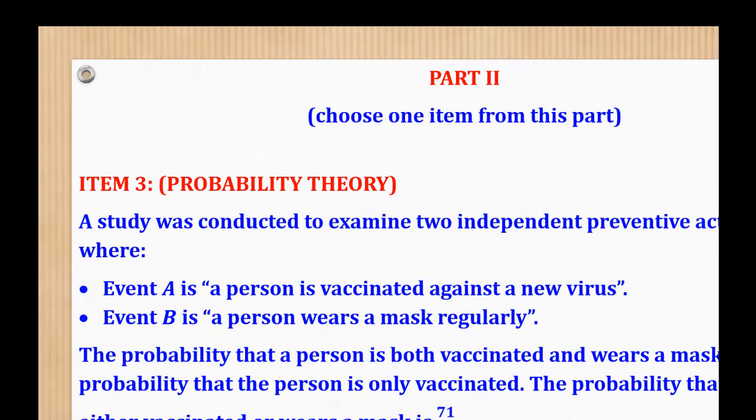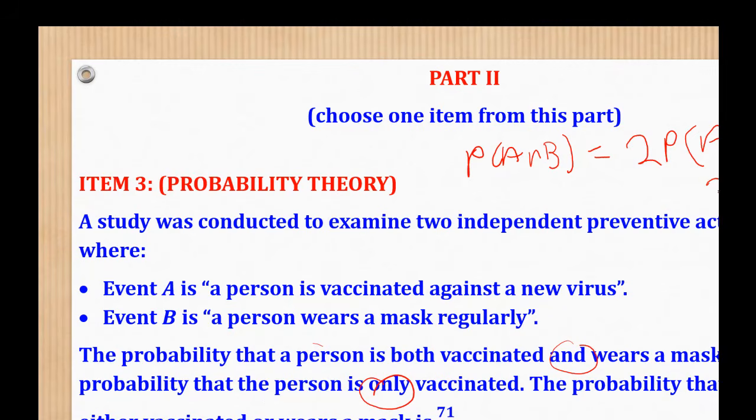The condition said the probability that a person is both vaccinated and wears a mask, that is now probability of A intersection B, is twice the probability that a person is only vaccinated, A only. So probability of A intersection B is equal to twice probability of A only.